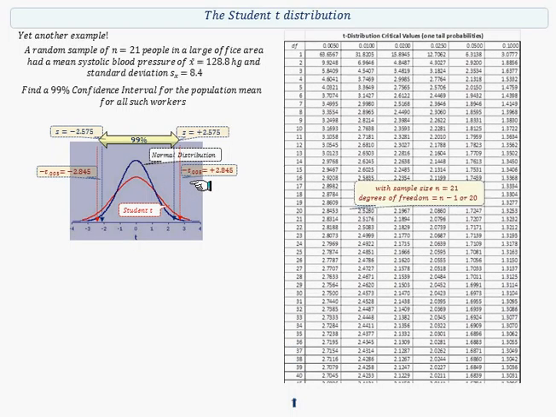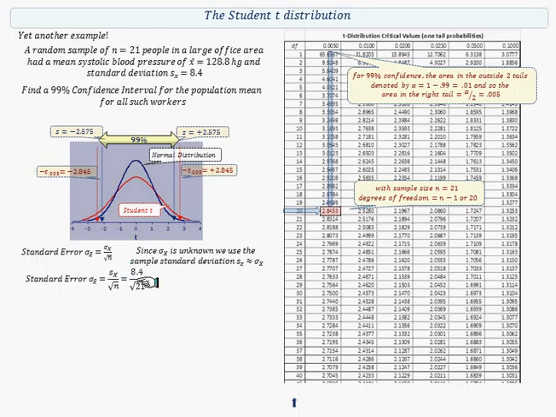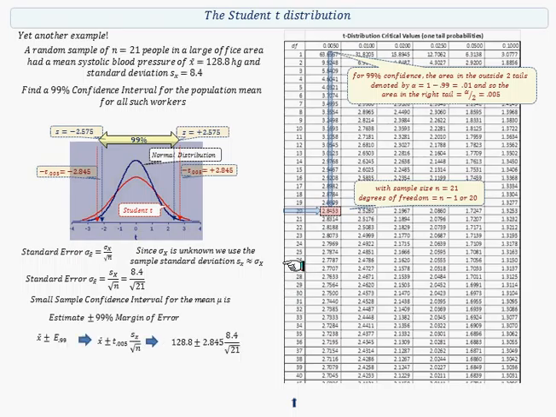So that suggests that we look up degrees of freedom 20 over in the column heading 0.005, giving us a critical value that you see on the screen here, and this becomes our standard error, S sub x over square root of n, 8.4 over square root of 21, and the confidence interval is given by our estimate, 128.8 plus or minus 2.845 times your standard error, and that gives rise to an interval of 282.25, 286.95.